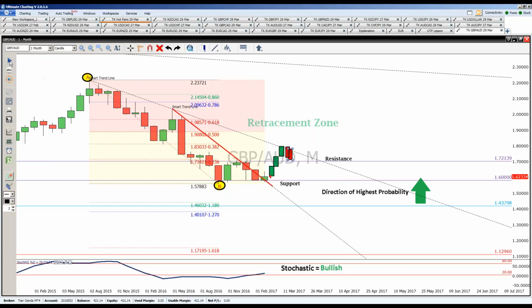Only then will we have a down push zone again. Only then. And that bounce against the outer trend line must be confirmed with a counter trend line break. Then we will have a C high. So because we are still retracing from the B to the C, we have a retracement zone, and therefore the direction of highest probability is bullish.